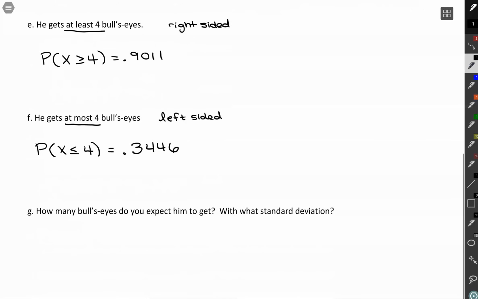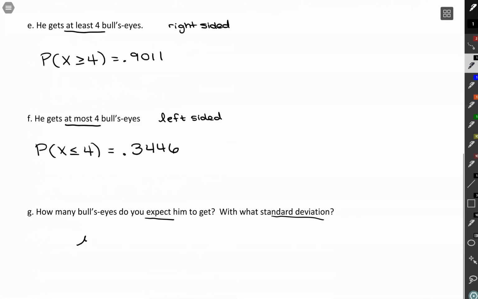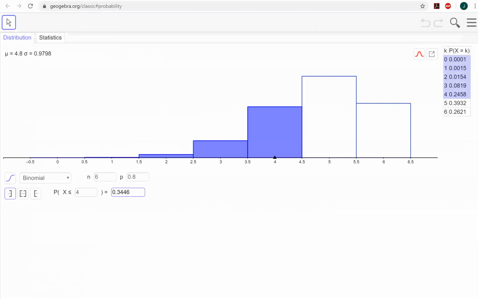And then this last question of how many do we expect him to get and with what standard deviation. So mean and standard deviation, you can calculate with the formulas, or if you're in GeoGebra already, you can just copy them from up here in this upper left-hand corner. So mean is 4.8 and standard deviation of 0.9798.